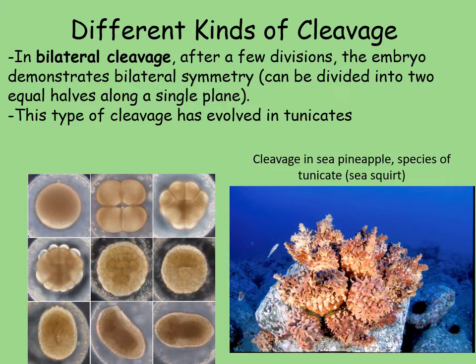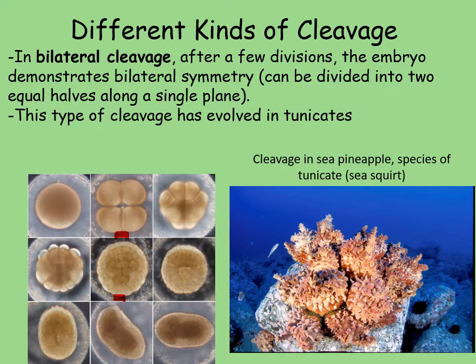So here are some different patterns, ways that cleavage can play out. In bilateral cleavage, after you have a few divisions, the embryo has bilateral symmetry. So it can be divided into equal halves along a single plane. If you look at this embryo on the left here, as it's going through early cleavage, you eventually get to a point where this side is very different from this side.